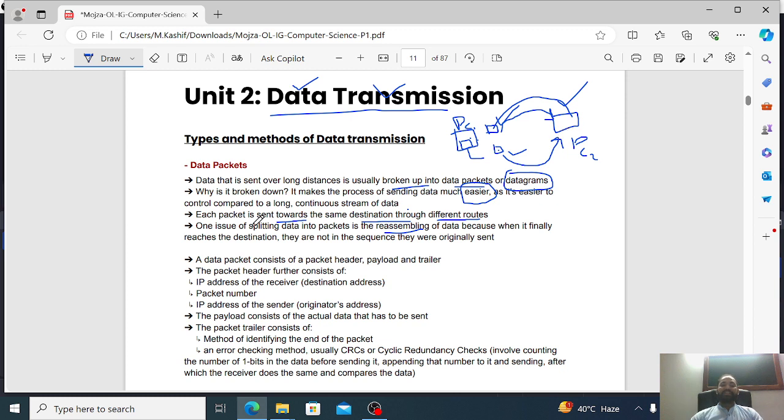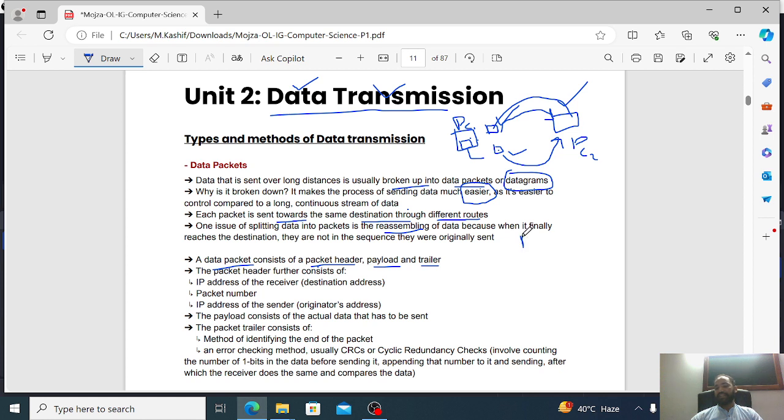So in detail, the data packet consists of three main things. One is header, second is payload, and the third one is trailer. These three are the parts of a data packet.